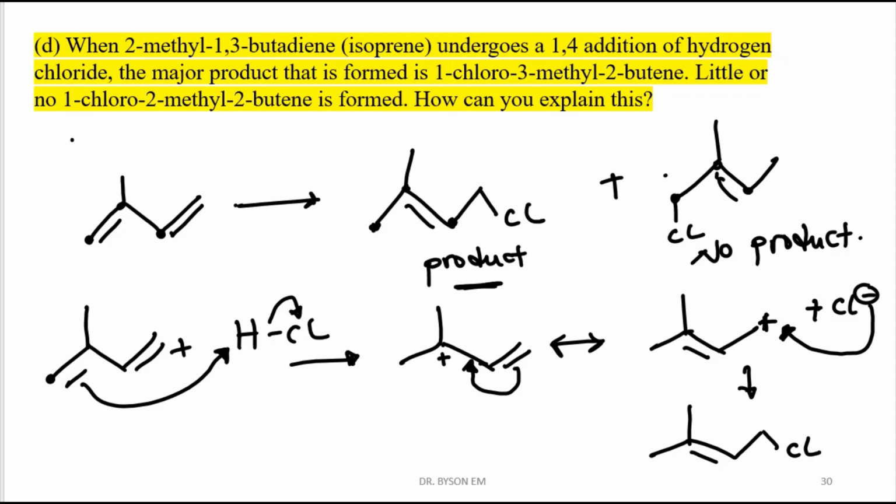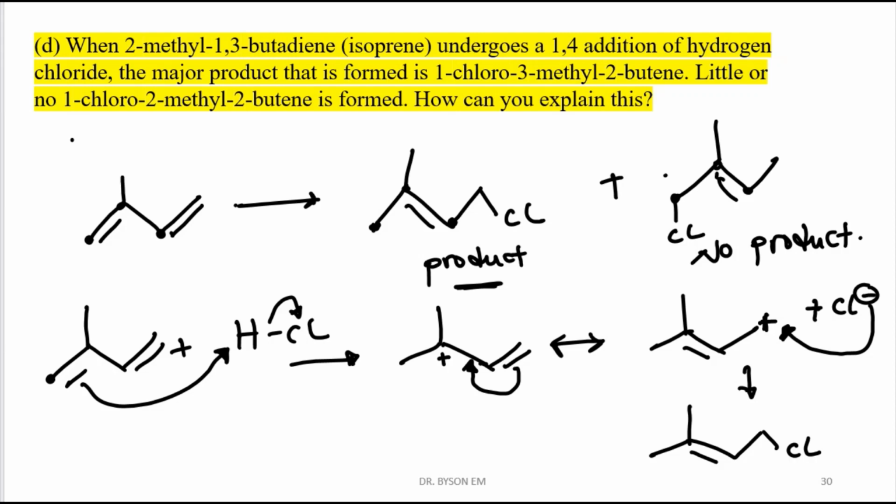So this is 1-chloro-3-methyl-2-butene. So the product 1-chloro-2-methyl-2-butene will not form due to its non-hybrid contribution in the resonance.